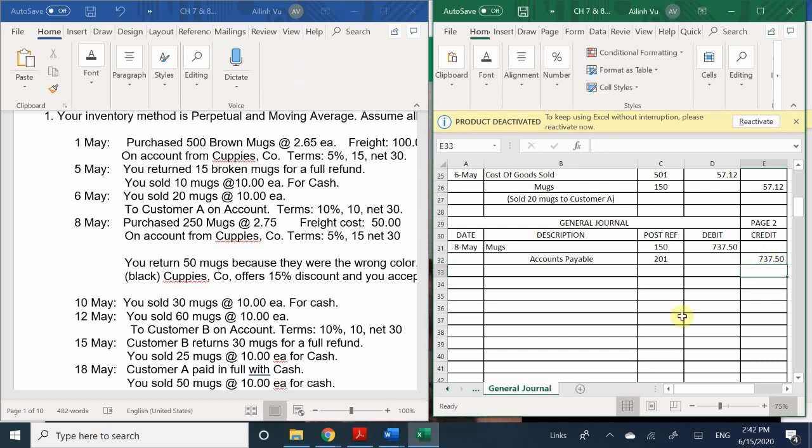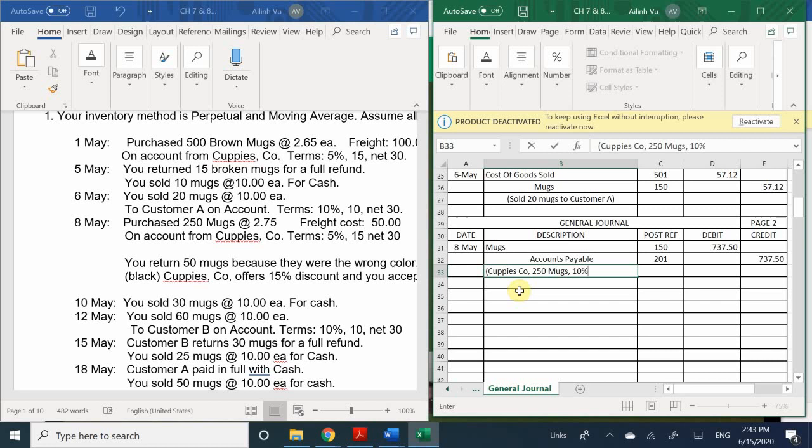All right, and I'm going to go ahead and indicate that I made a purchase on Cuppies Co. for another 250 items. 250 mugs, and my terms are 5%, 15, net 30.